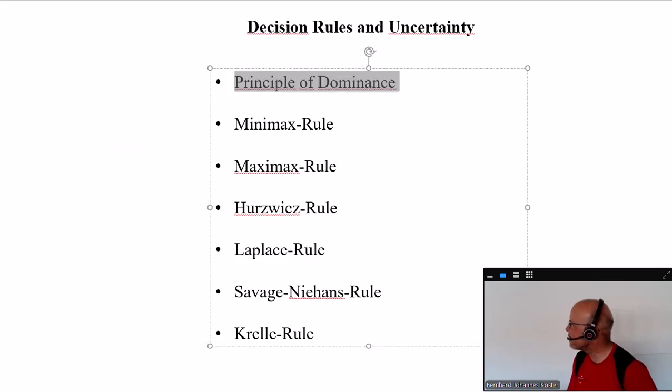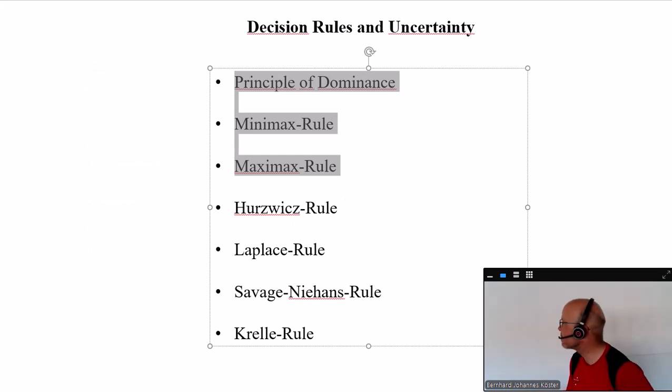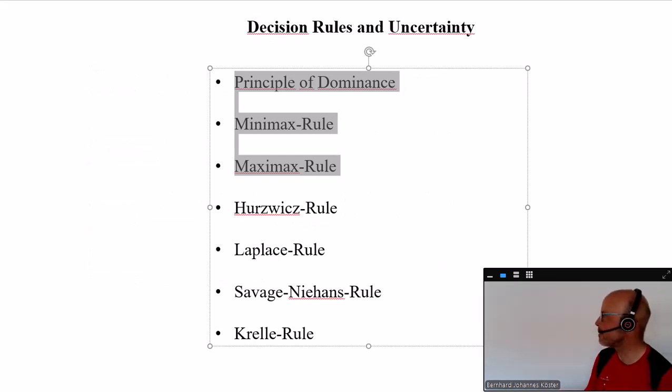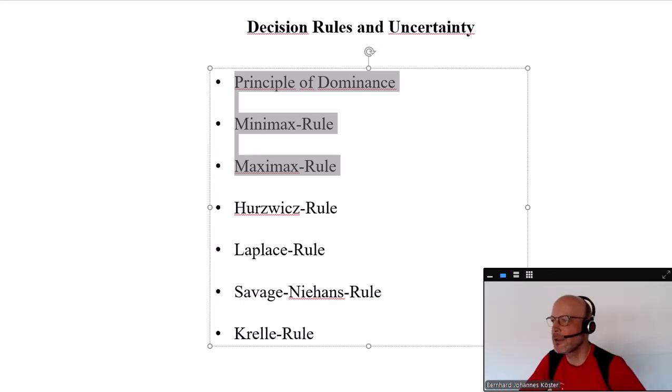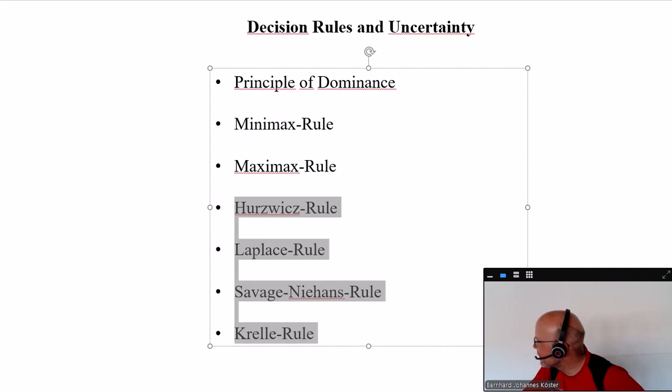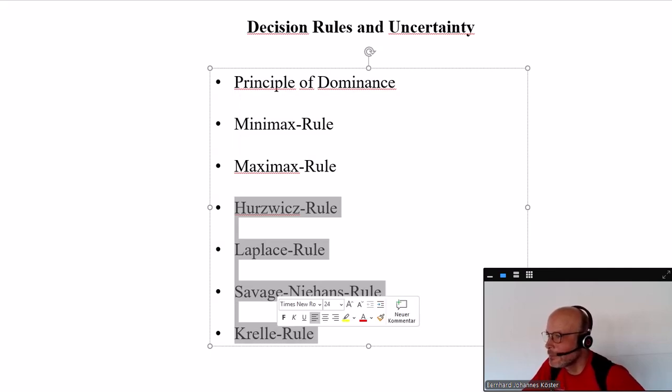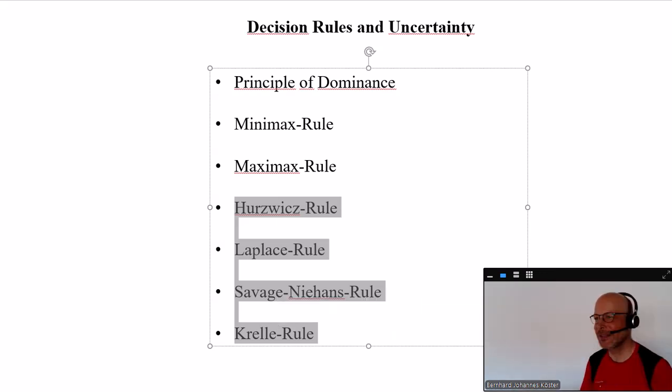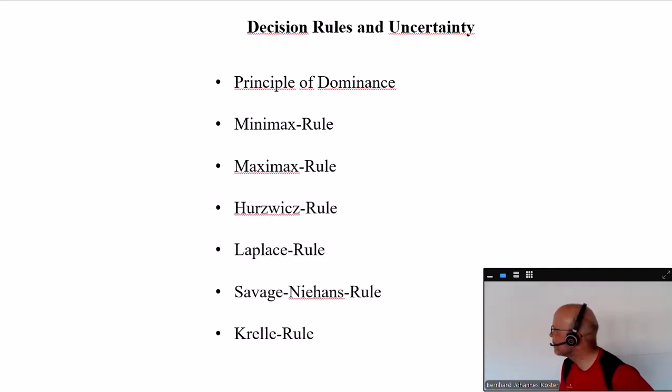About the first three, I have already talked, and if my colleagues have already done this, then we can go through this quite fast. Have you heard about the other four? No? Okay, but they are also not very complicated. We just go through them.